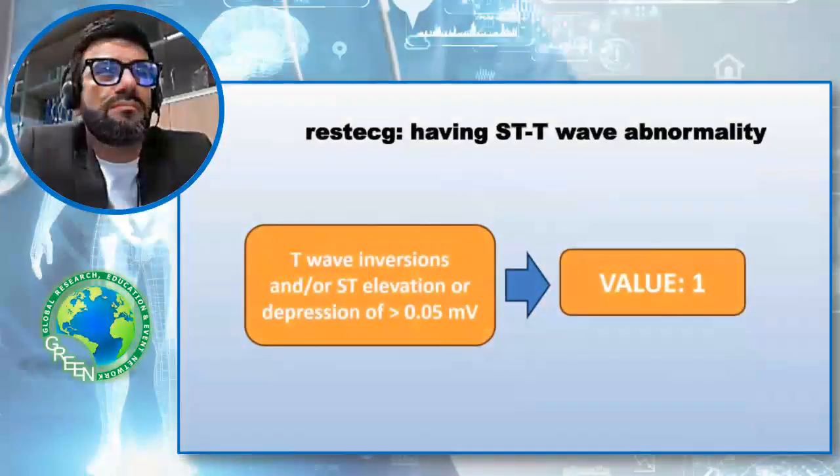The value 1 refers to T wave abnormality, which indicates the presence of some abnormalities such as T wave inversion. This change can even suggest myocardial ischemia or other conditions affecting the heart's electrical activity.